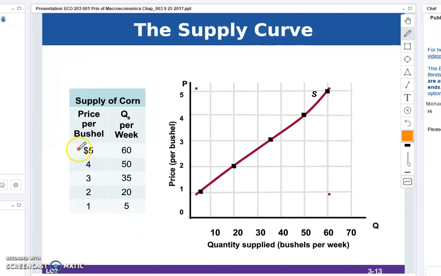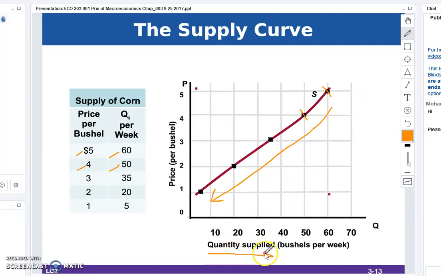This is the supply schedule. When price is $5, supply is 60. We are here, and when price is $4, supply is 50. So price is $4, supply is 50 here, and similarly we put all of this. See, again, look at that. This is an upslope line, right?